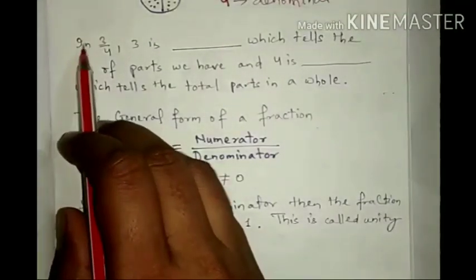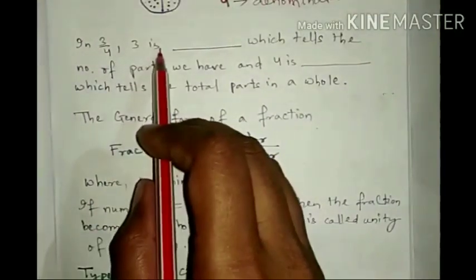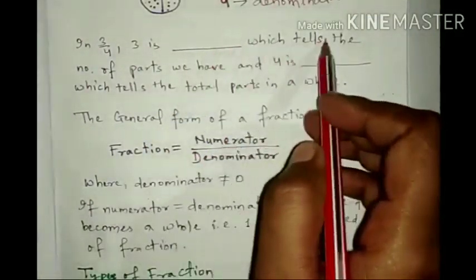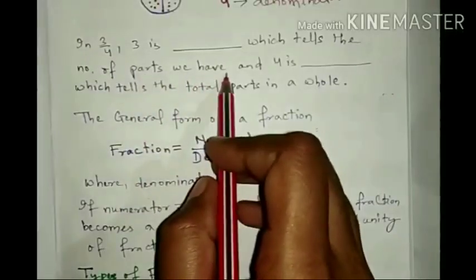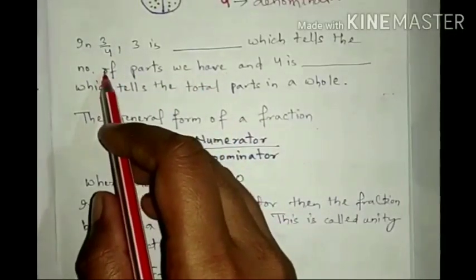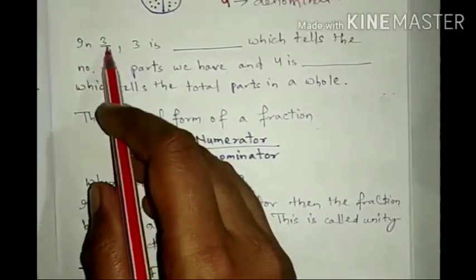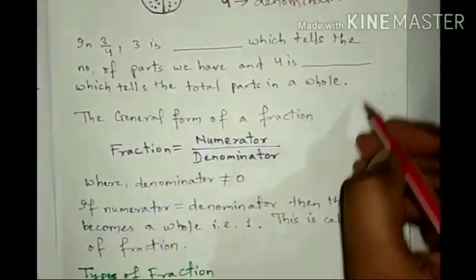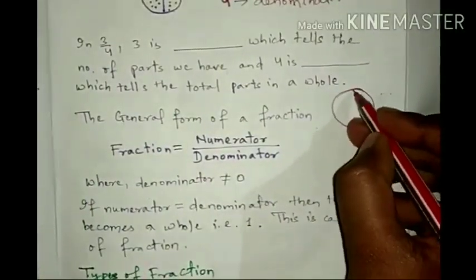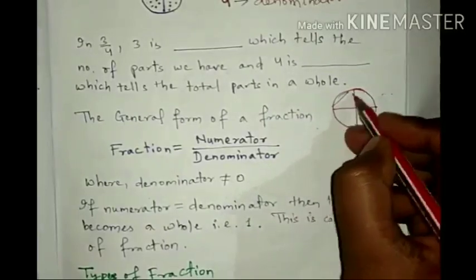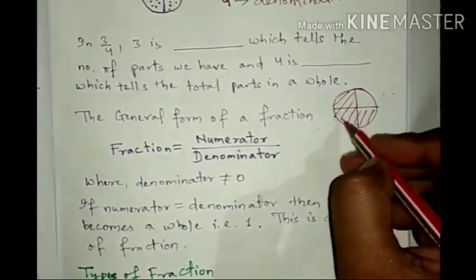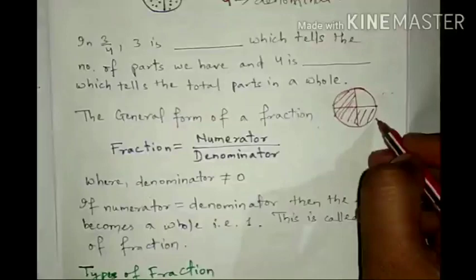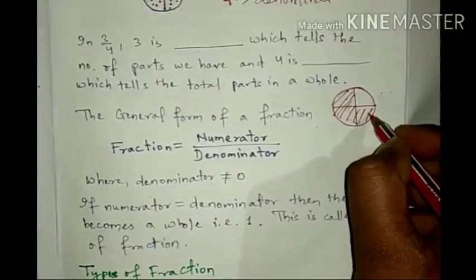Let's see. In 3 by 4, 3 is the numerator, which tells the number of parts we have. From this, there are 4 parts, but how many parts do we have? 1, 2, 3. 3 parts.